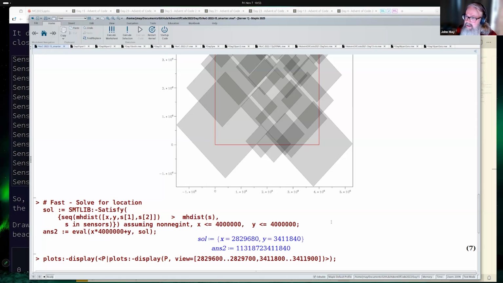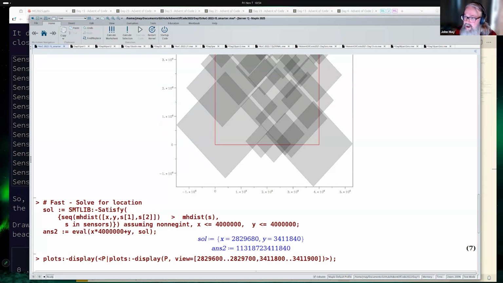That's on my to-do list, to have iSolve call into SMT-LIB in cases where there's inequalities. Of course, it's satisfy, not solve, right?